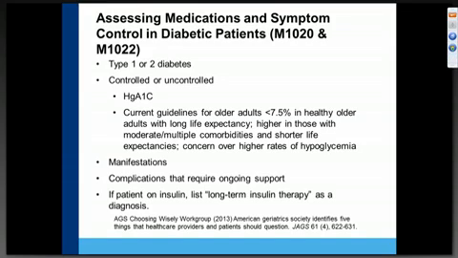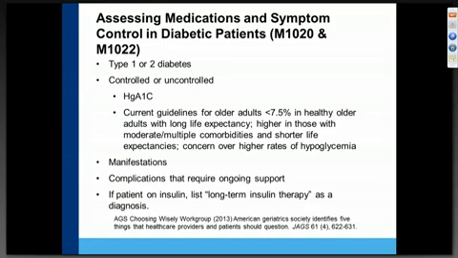When we look at medication and symptom control in patients with diabetes, we want to look at, is their disease under control? We can look at the daily blood glucose monitoring results, but we really want to look at their A1C level because this is going to be reflective of their long-term blood glucose management.